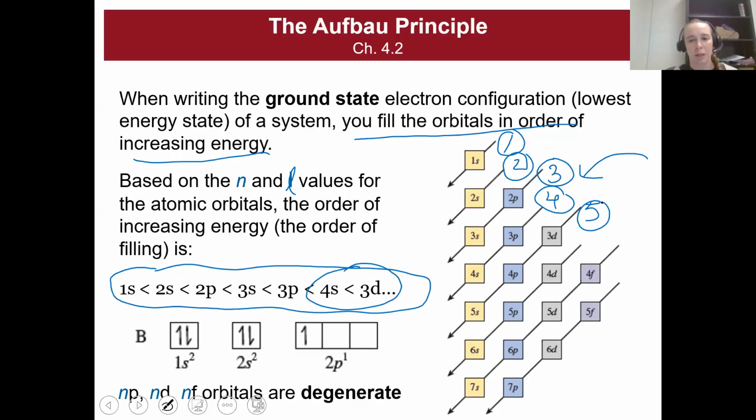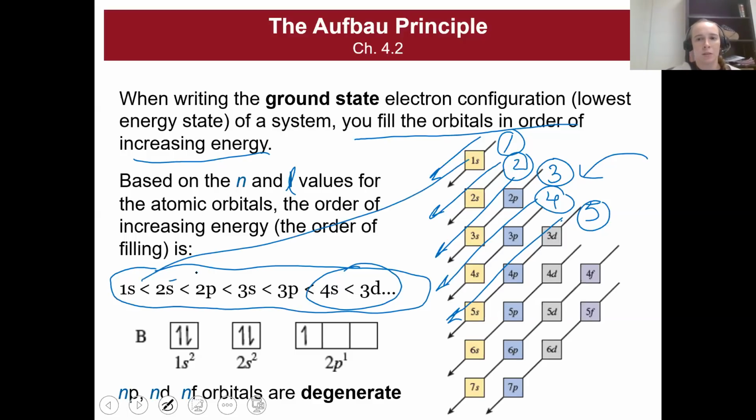We get more splitting, more overlapping of orbitals. So I'm just going to write the first 5 there. But this is our order of filling. We do this diagonal line first, this diagonal line second, this diagonal line in this direction third, this diagonal line fourth, and then this diagonal line fifth. So that is our order of filling.